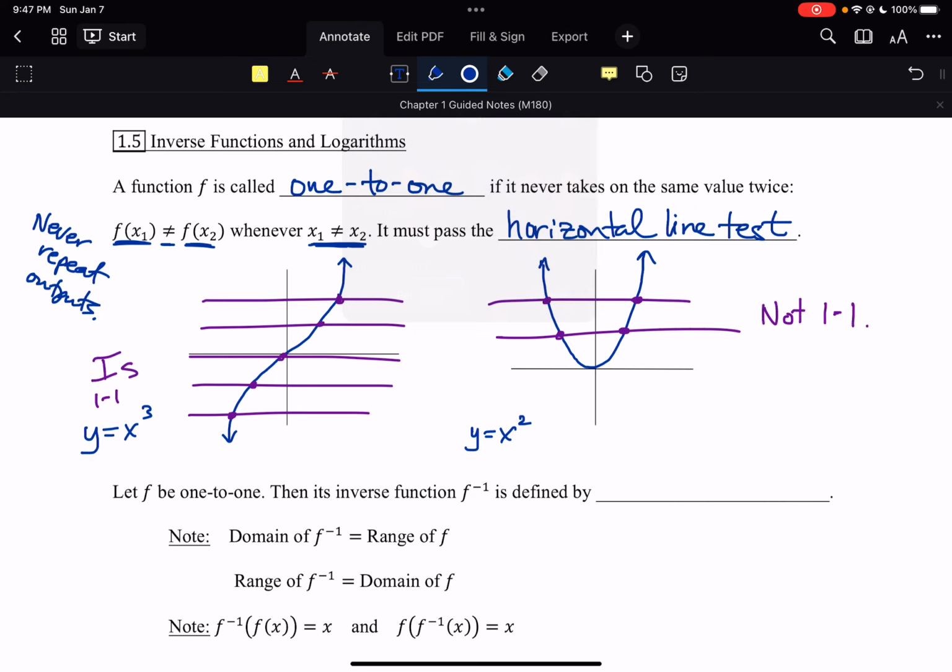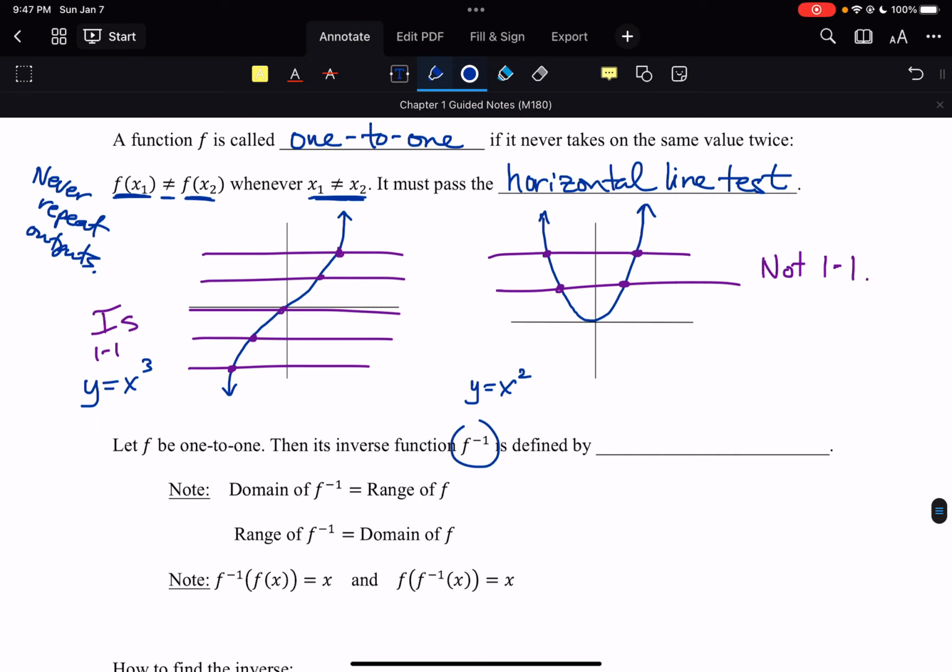Now, if we know that a function is one-to-one, so let f be one-to-one, then its inverse, written like this, looks like f to the -1 power. It's not an exponent. That's just a notation that we use. Its inverse function is defined by saying f inverse of y equals x if and only if f of x equals y.